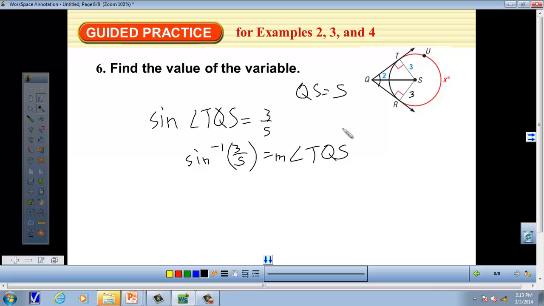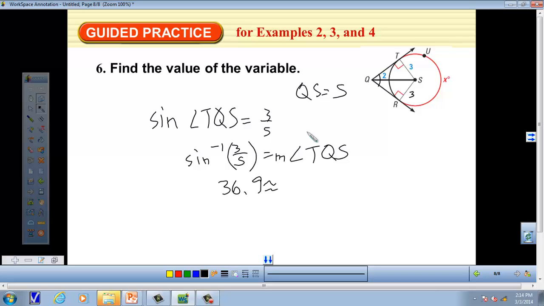I need a calculator for this. A sec. And we get approximately 36.9.